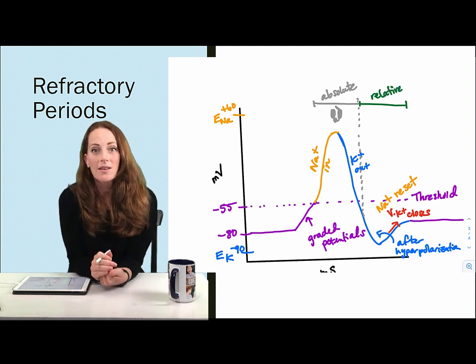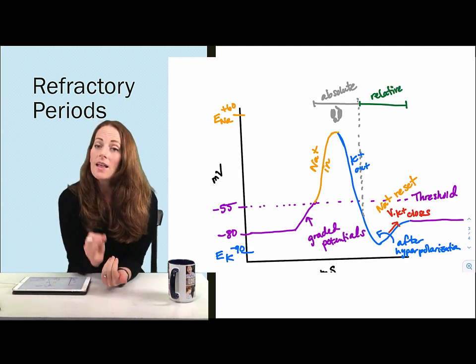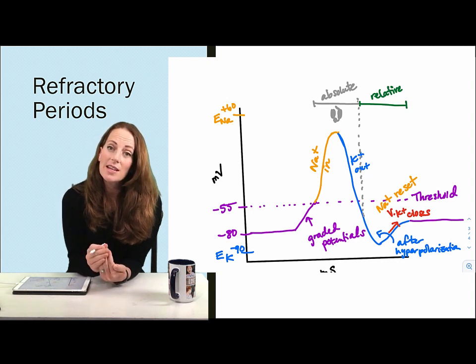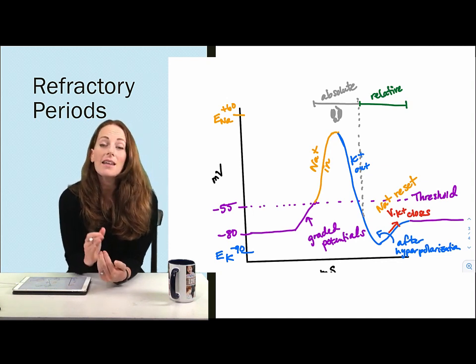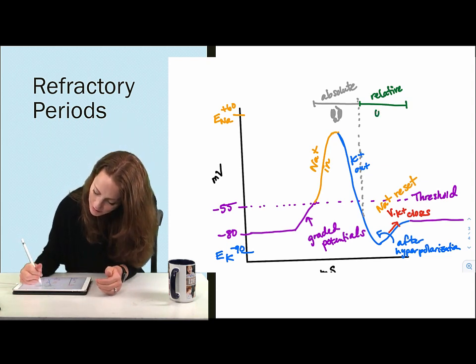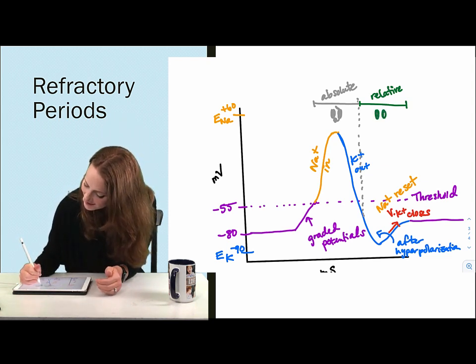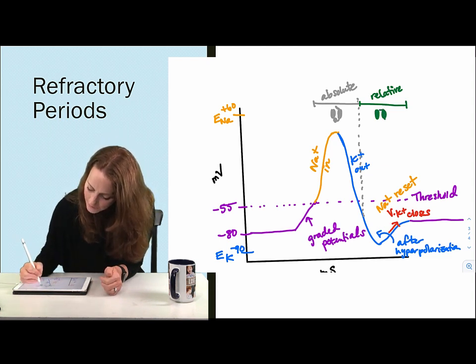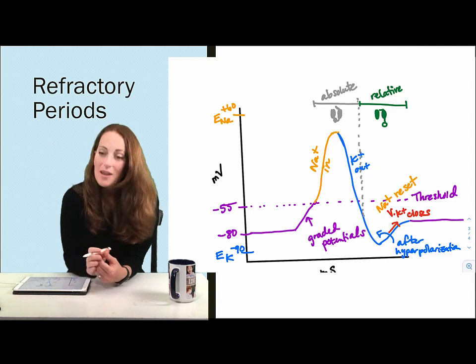When the sodium channels have reset, but the after hyperpolarization is occurring and the membrane is further from threshold. So here we can picture the sodium channels as having their activation gate closed and their inactivation gate open.